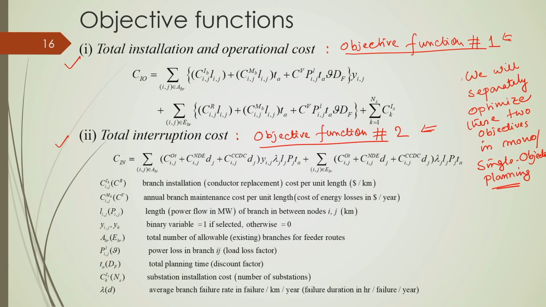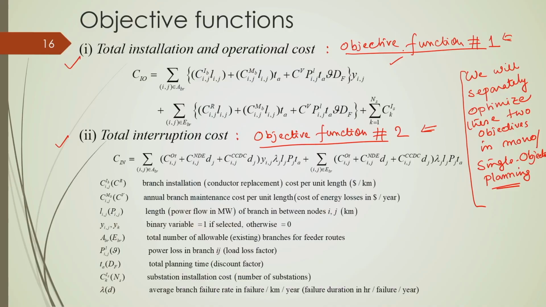That is something I should tell you at the very beginning, because looking at two objective functions but still calling it a single objective optimization is somewhat confusing. We have formulated two objective functions, but we will consider them separately. When we optimize objective function 1, I will not consider objective function 2, and vice versa.